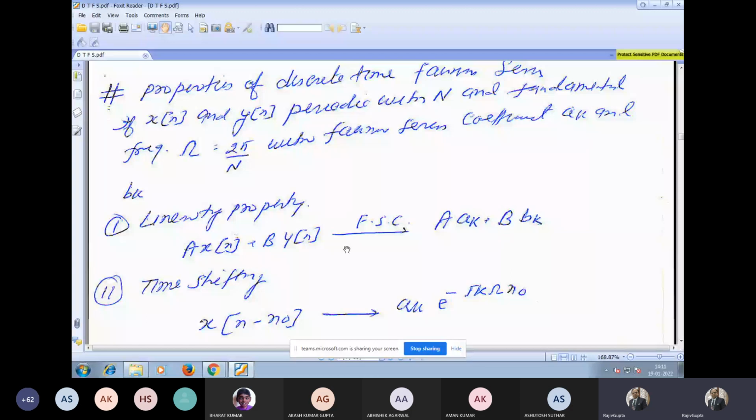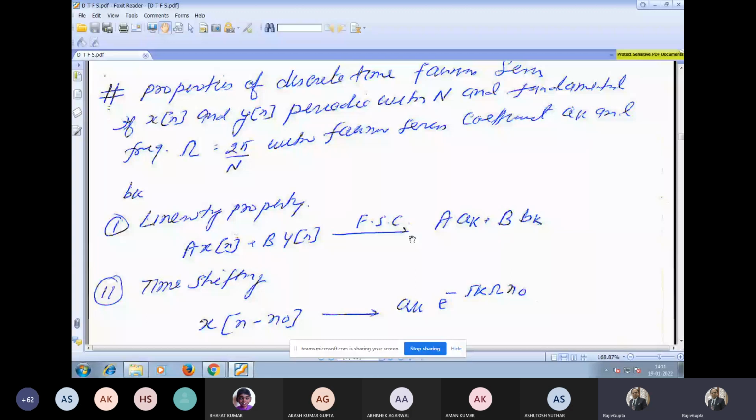So if capital A x[n] plus capital B y[n] is a composite signal, then the Fourier series coefficient will be A a_k plus B b_k, where a_k and b_k are the Fourier series coefficients of x[n] and y[n].